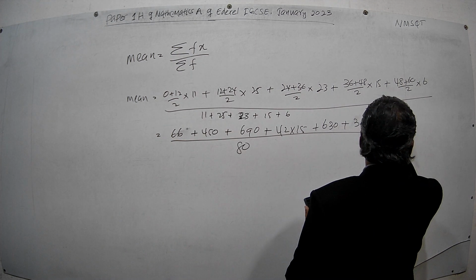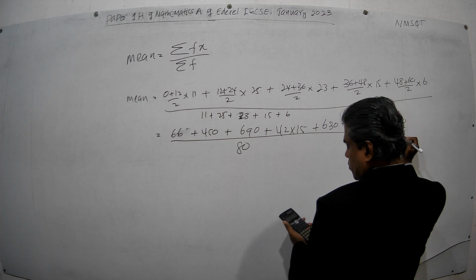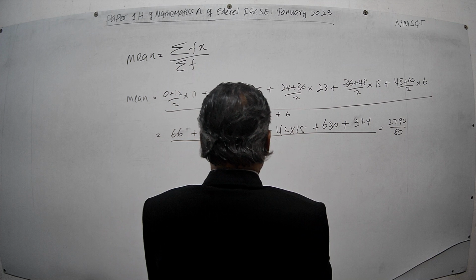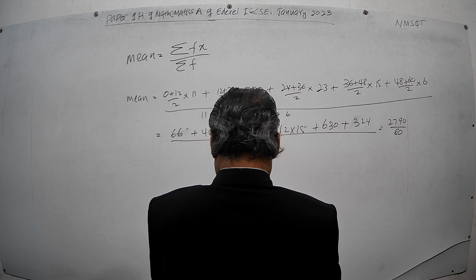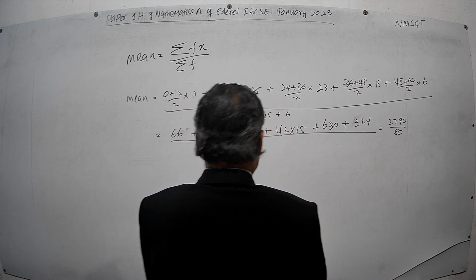This value is 2,790, then divided by 80. Right. Now here 42 into 50. 630.